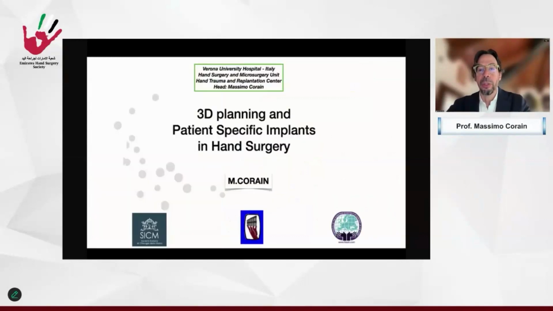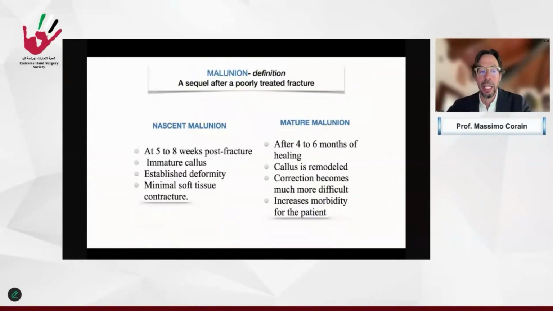Going on to the presentation this evening, I'm going to speak about 3D planning and patient-specific implants in hand surgery. I have to give a short introduction about malunion, because most of the surgeries that require this kind of approach are post-traumatic malunions. We can have a nascent malunion if the deformity is less than 8 weeks post-fracture.